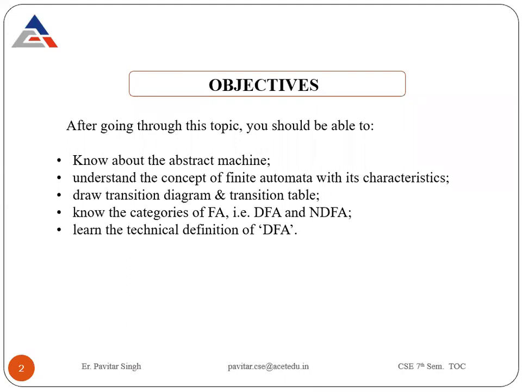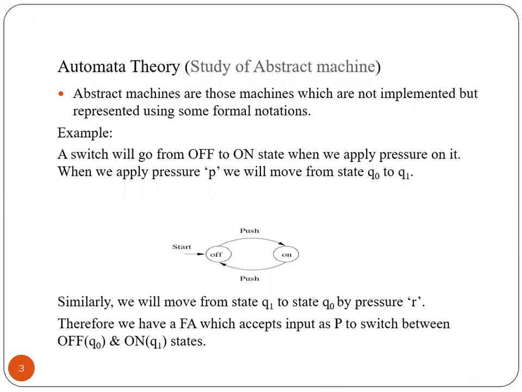So first of all, automata theory. Automata theory is the study of abstract machines. Now, what is an abstract machine? Abstract machines are those machines which are not implemented but represented using some formal notations.